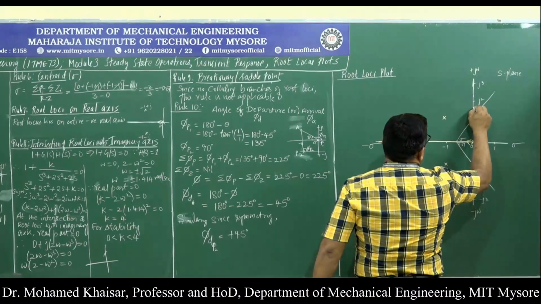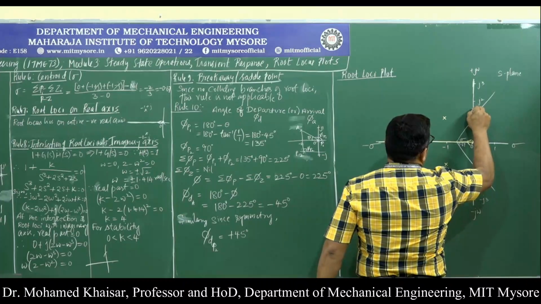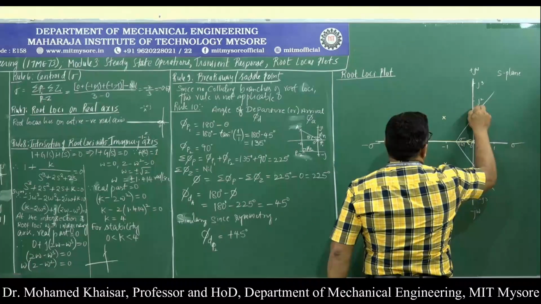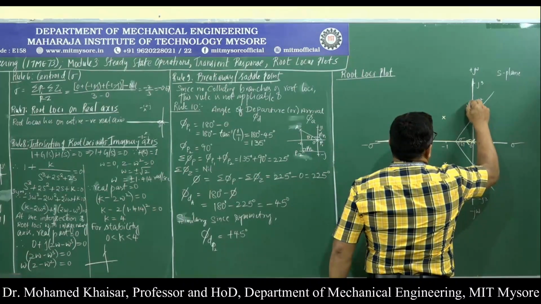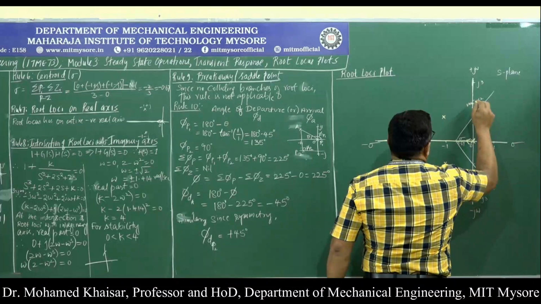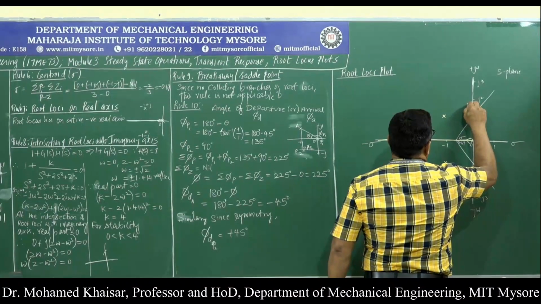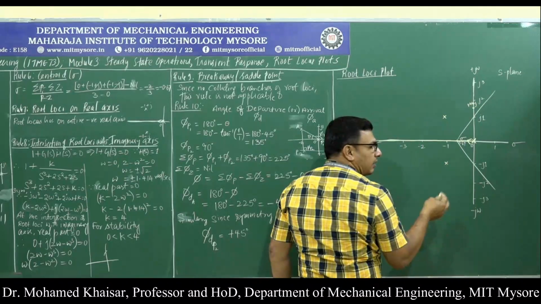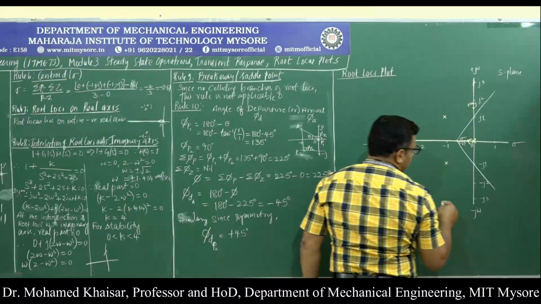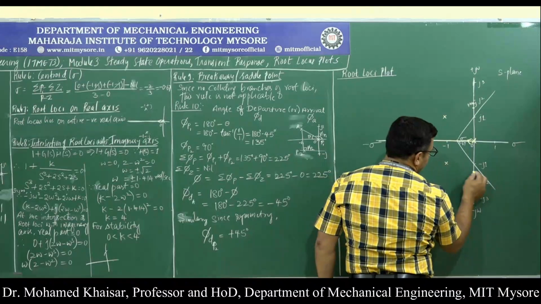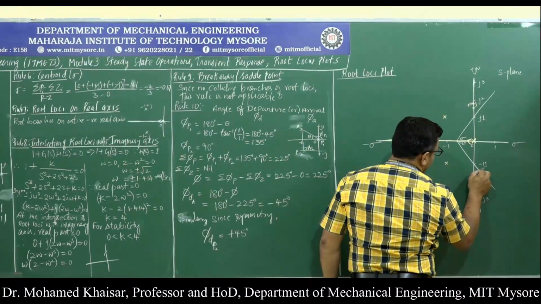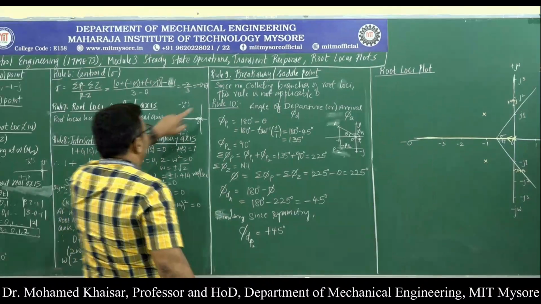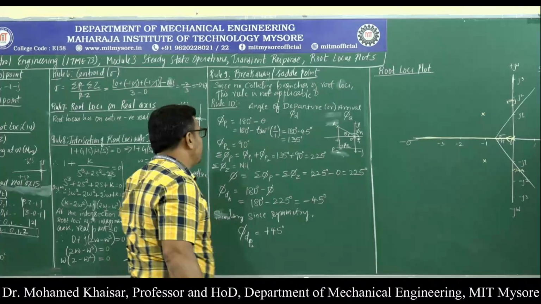That means the branch of root loci intersects the imaginary axis here at j 1.414. Then on the negative imaginary axis, again the branch of root loci is going to intersect the imaginary axis at minus j 1.414. Breakaway point is not applicable, so it does not exist.